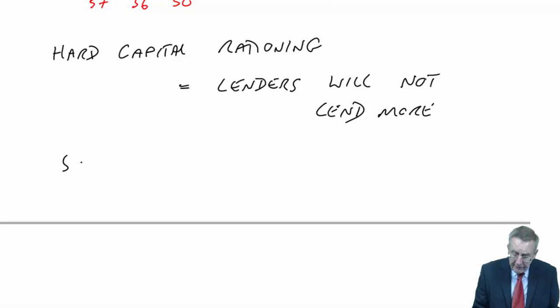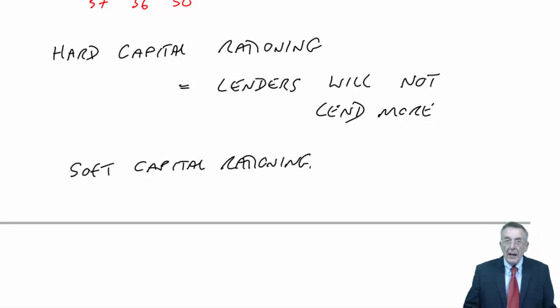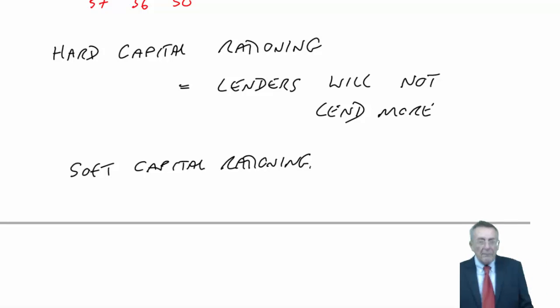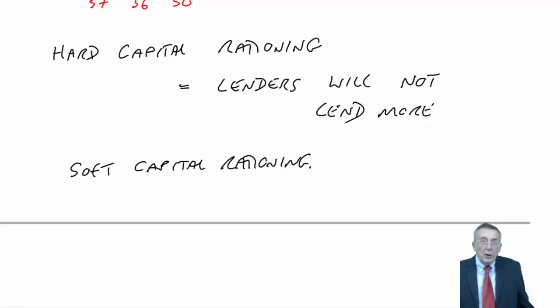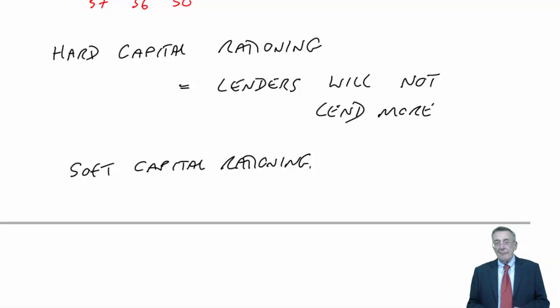However, there's another reason, which is in fact probably more common, called soft capital rationing. Before I write down what it is, let me explain first, and then I'll put it in words. Think about yourself. If you're working and earning a salary, and you decide you want to borrow money to buy a car, well, if you're earning a decent salary, if you've got a good job, I'm sure the bank will lend you money.